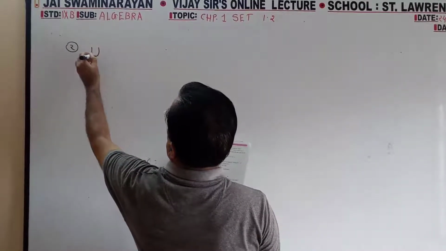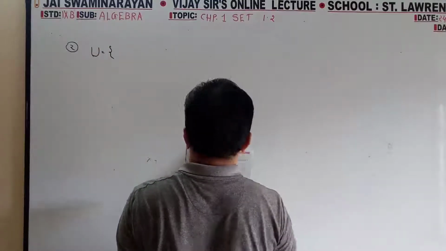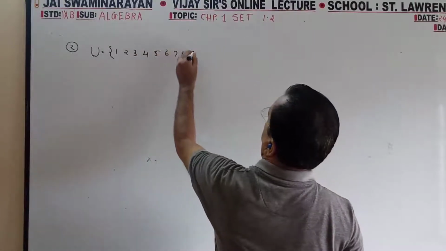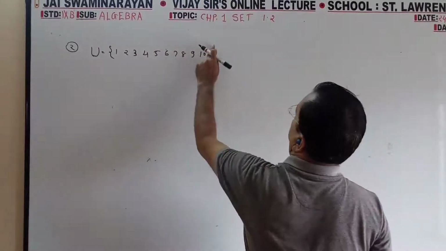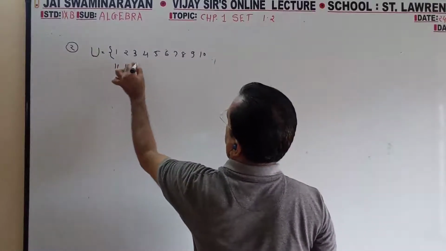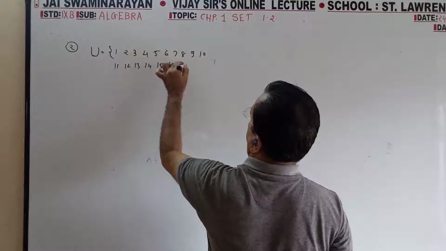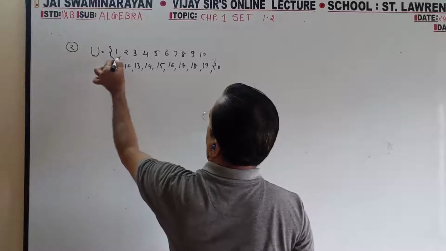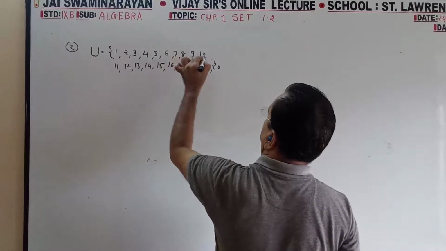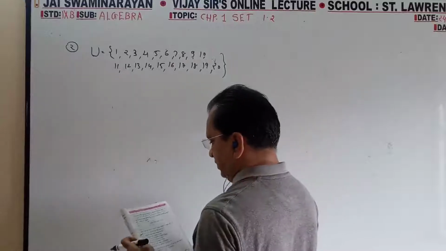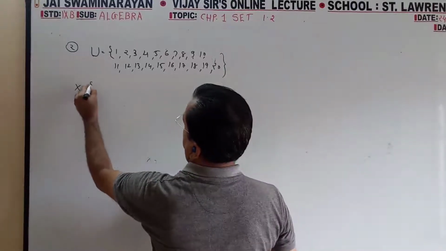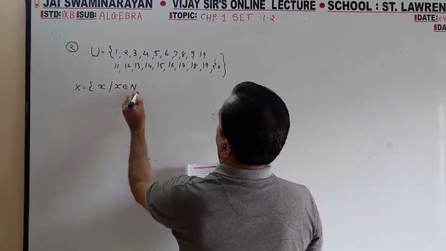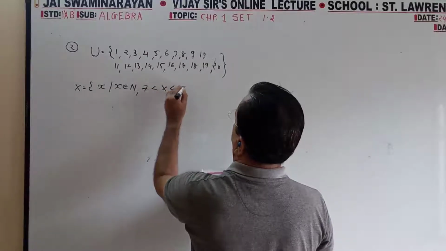Universal set U is 1 to 20. Now we have to find X. X belongs to natural numbers and 7 is less than x less than 15.